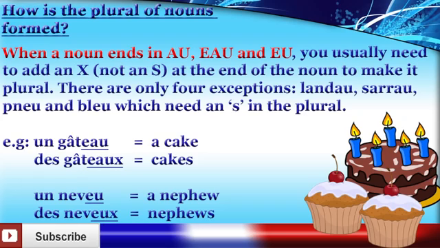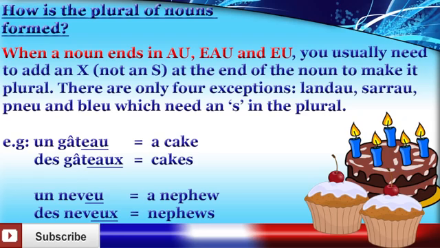When a noun ends in AU, EAU, and EU, you usually need to add an X at the end of the noun to make it plural. There are only 4 exceptions: landau, sarrau, pneu, and bleu, which need an S in the plural.